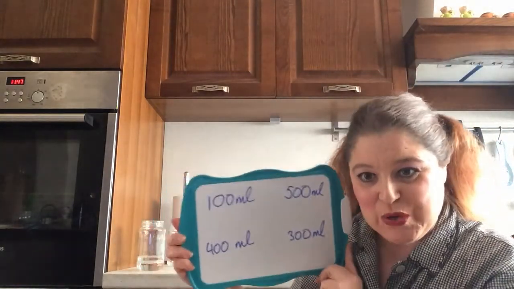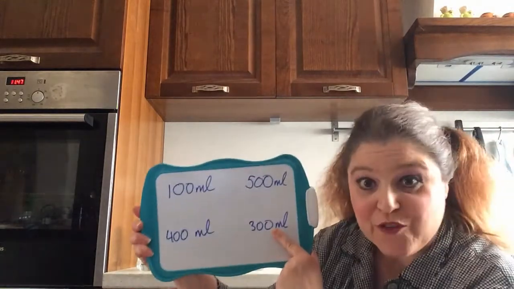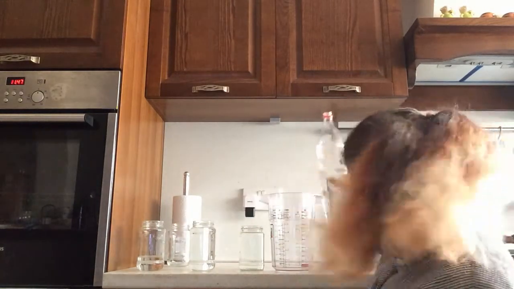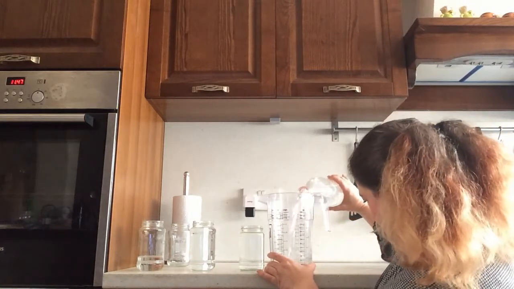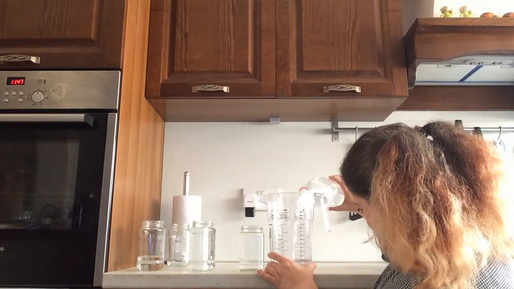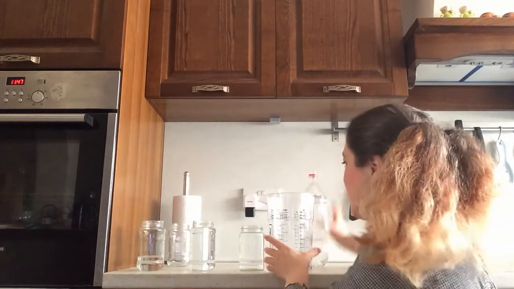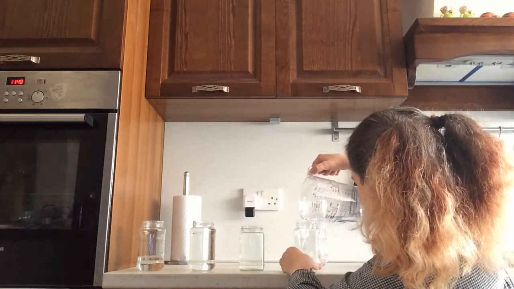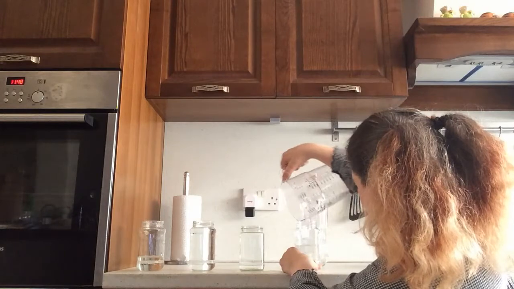And finally, we're going to measure out 300 milliliters. I have my jug. I have my water. So now, my 4 jars have different volumes of water in them.